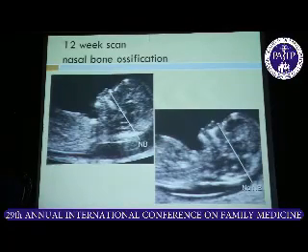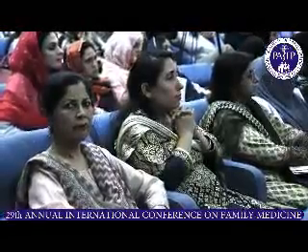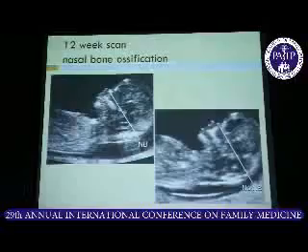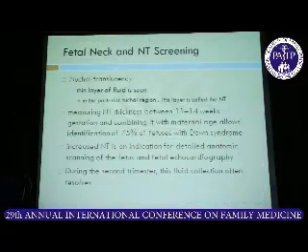In one there is no nasal bone, and in this one there is a nasal bone, and the scan is done at 12 weeks. And remember, whenever you are doing it, keep the orientation of the probe in a sagittal plane. Make it sagittal, otherwise you will miss the bone.